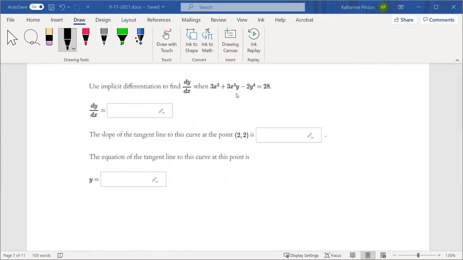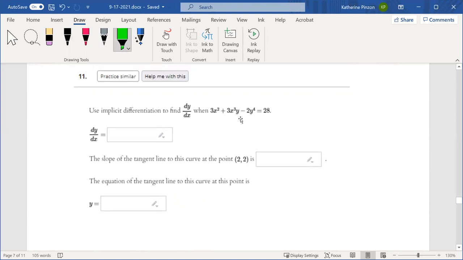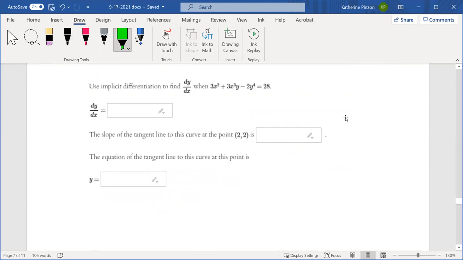Okay, use implicit differentiation to do this one. Okay, this one's easier than the last one, I think. This is 11. What do I need here? I need that product rule in the middle again. The derivative of 3x squared is 6x plus, I'm using the product rule on the middle here.